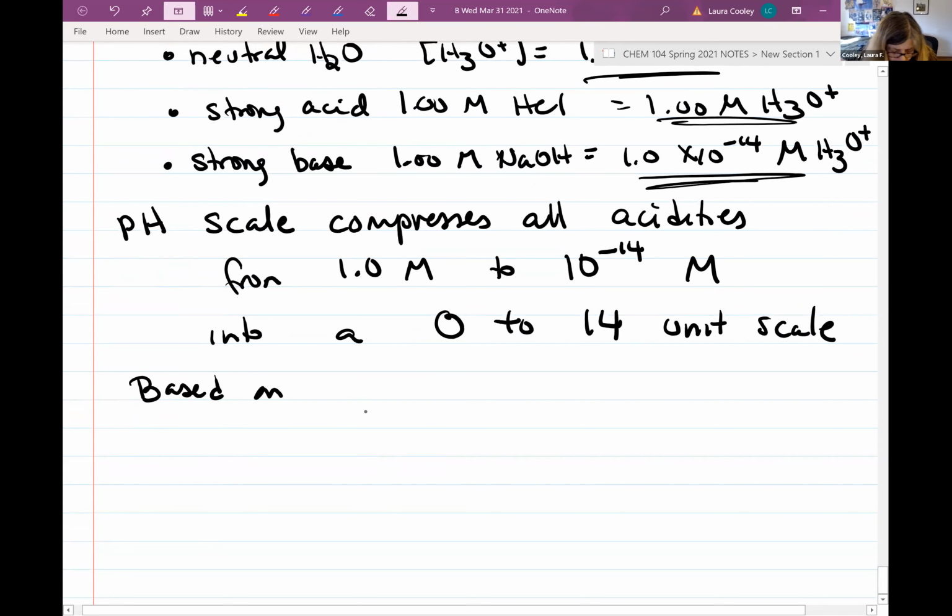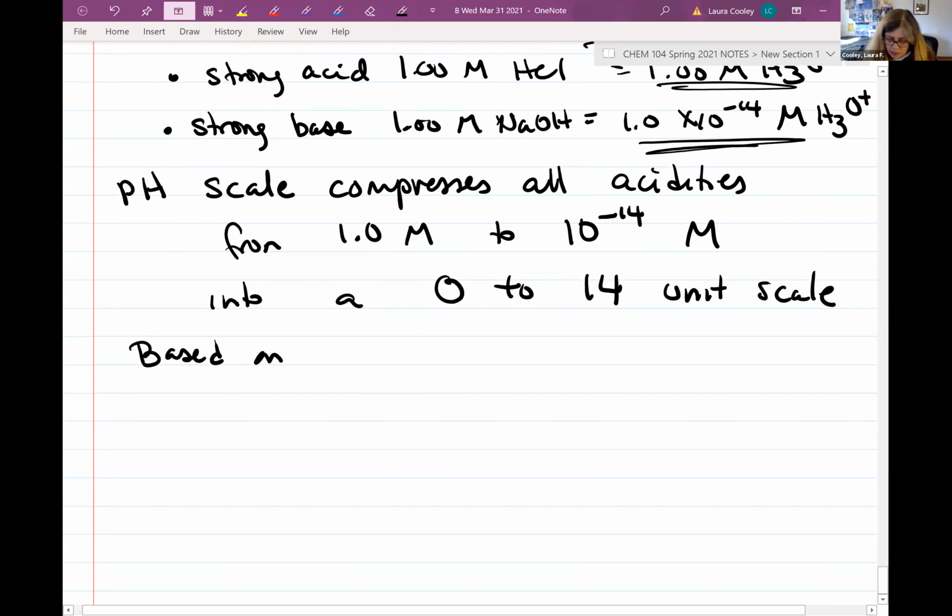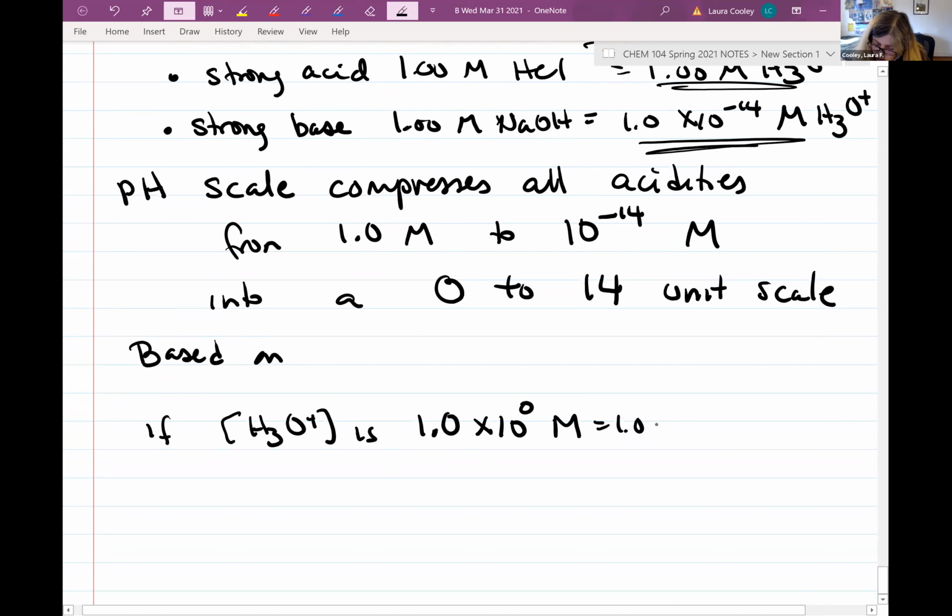is, okay, let's suppose we wrote these concentrations in scientific notation. I'll fill this in later. If the concentration of H3O plus is 1 times 10 to the 0 power molar. So it's really, 10 to the 0 is 1. 1 times 10 to the 0 molar. So it's 1 molar. Then the pH is 0.